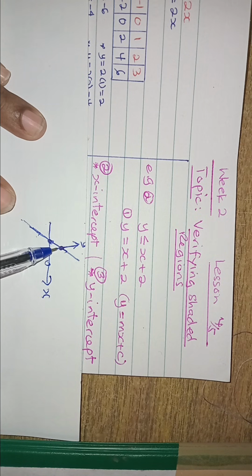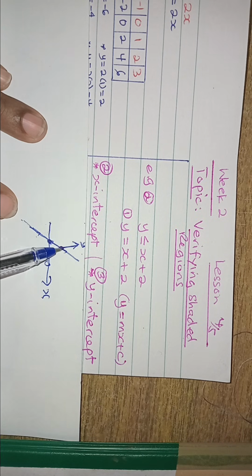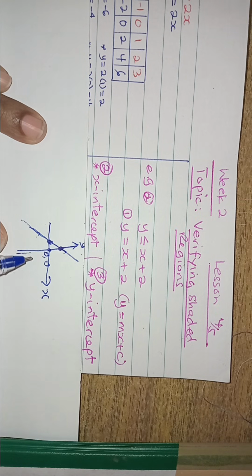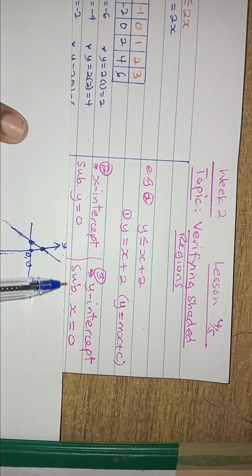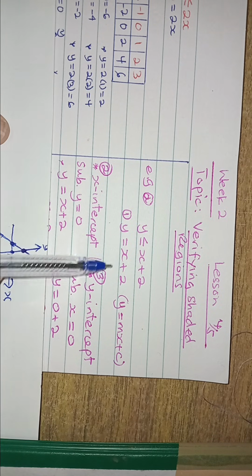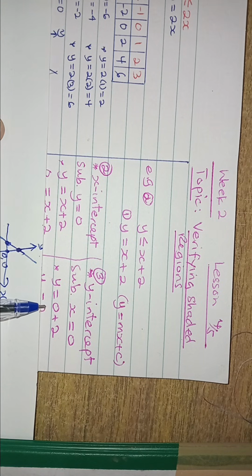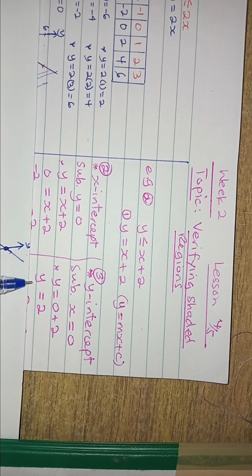So in order to find the y-intercept, we make x equals 0. We substitute x equals 0 into our equation, and y equals 0 plus 2 gives us y equals 2.